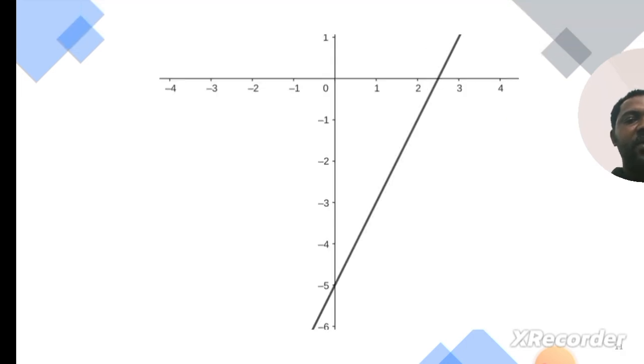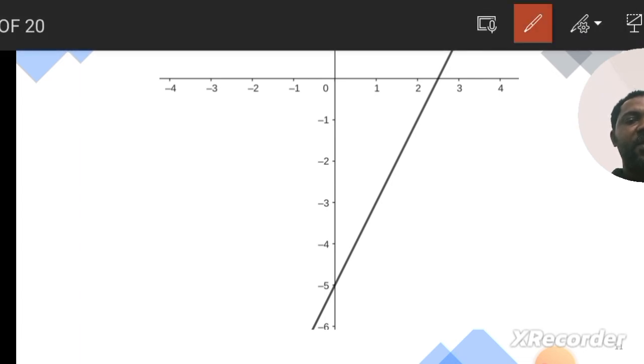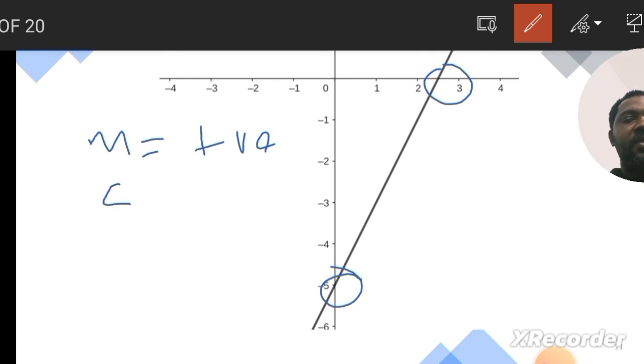Now let's proceed from here. Now look at a graph like this. What can we say about this? First of all, the graph is positive. Why? Because the graph is increasing from left to right. The slope is positive, I mean. Now, secondly, I want you to notice that the intercept for this graph is negative. Why is it negative? Because this is the negative y-axis.